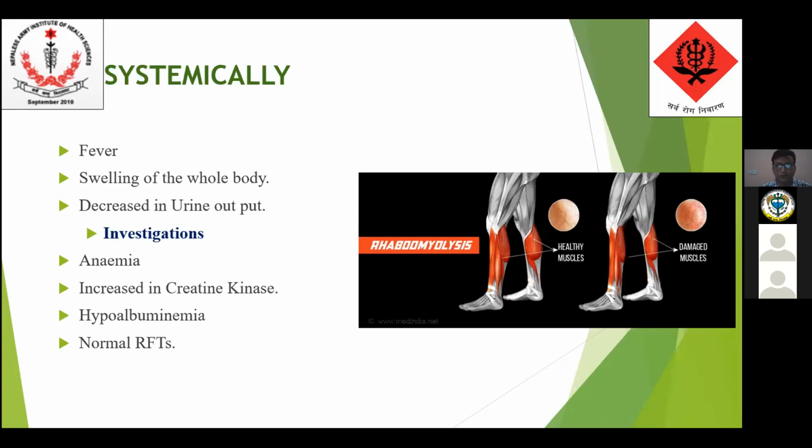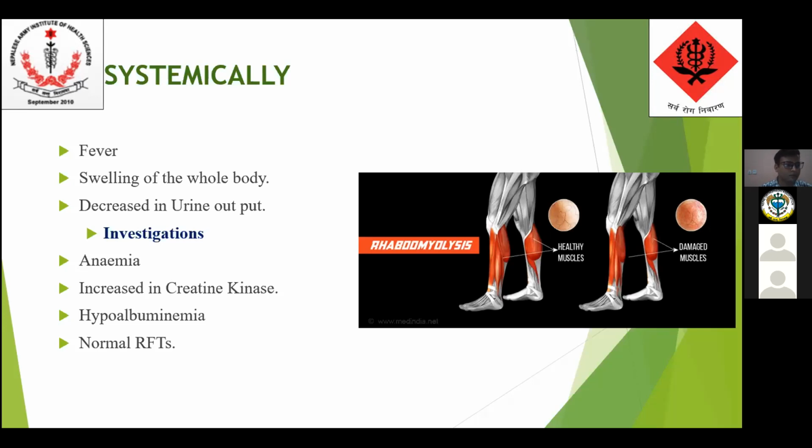All these symptoms and features gave us an idea about rhabdomyolysis, in which investigation showed anemia, which was countered by blood infusion, and an increase in creatinine kinase, which was managed with the help of medical physicians, and hypoalbuminemia, which was also dealt with albumin infusion and a high protein diet. However, throughout his admission, the renal function.